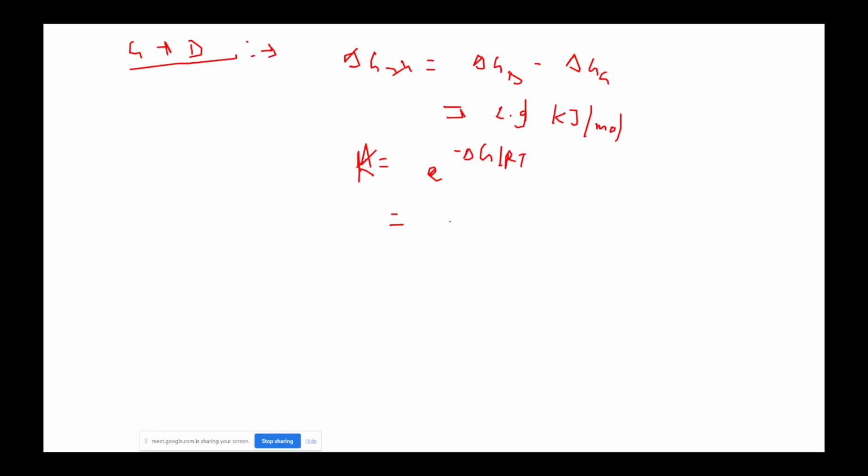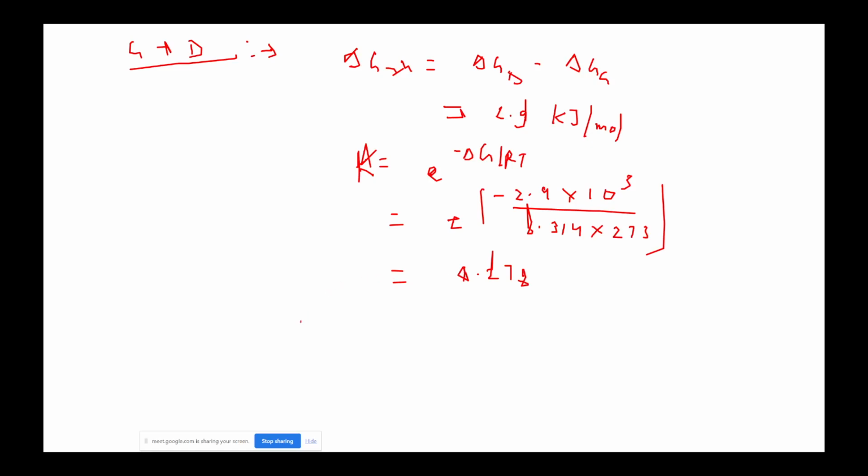So here when you put the value of this, you will have minus 2.9. Since it is kilojoule, convert it into joule, and then the value of 3.14 into 273, since it is at STP. So how much will it come? It will come 2.278.